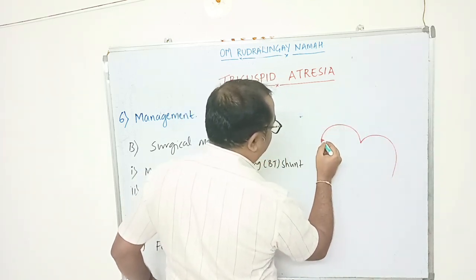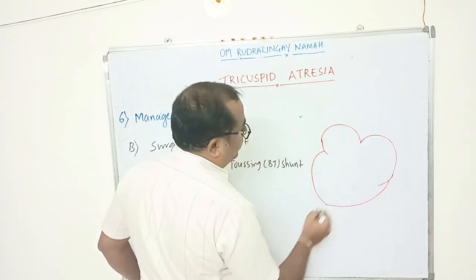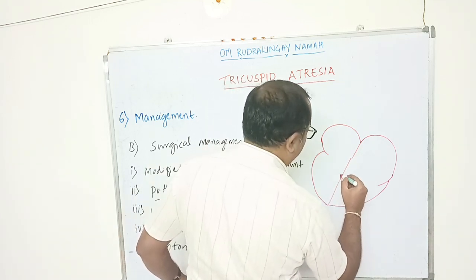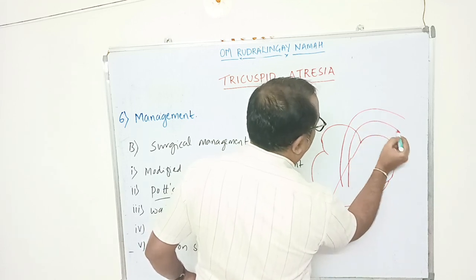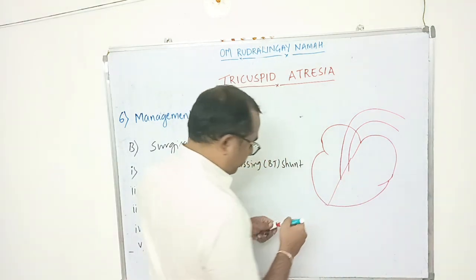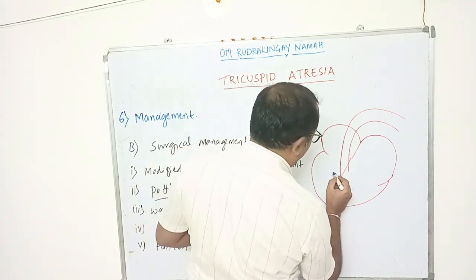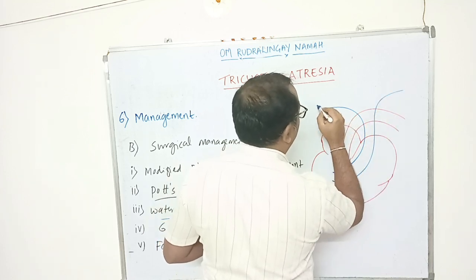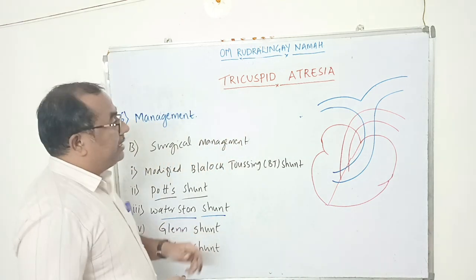Already this Waterston stenting is also discussed in tetralogy of Fallot. So this is the ascending aorta, this is the arch of the aorta. This is the pulmonary artery. Okay. So here, what you do in Waterston stenting?